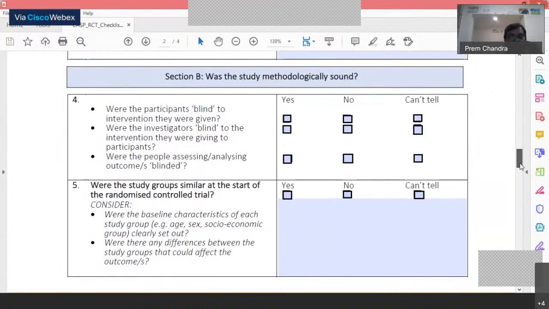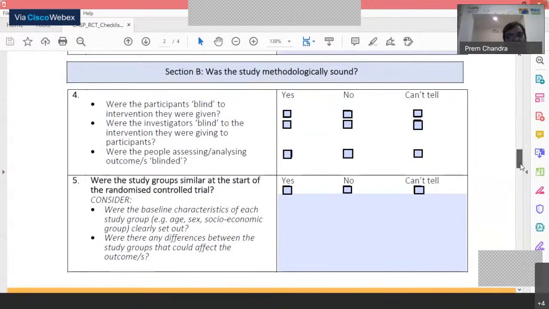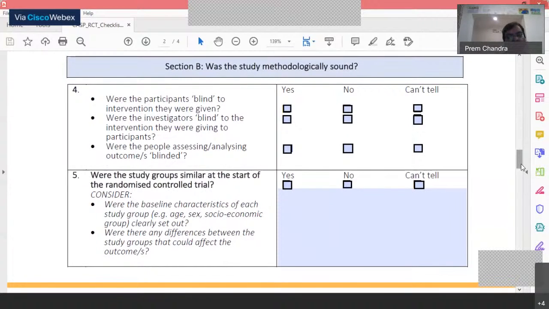Then we have to look carefully at whether the study groups were similar at the start of the randomized trial. When we do random allocation of participants, it is unlikely that we would have imbalance at baseline. Most of the factors are going to be balanced at baseline. When I say balanced, it doesn't mean equal distribution.